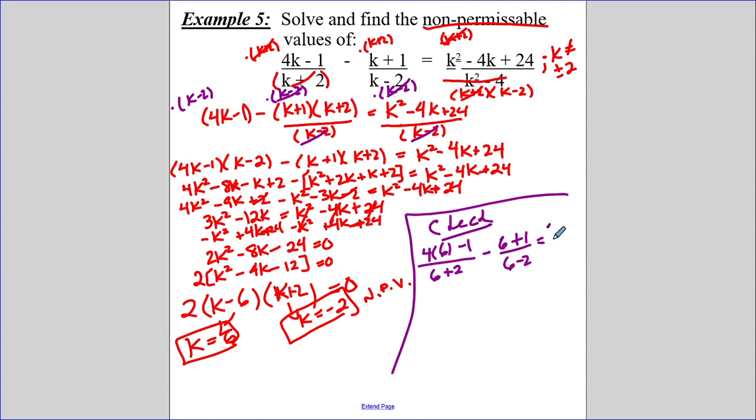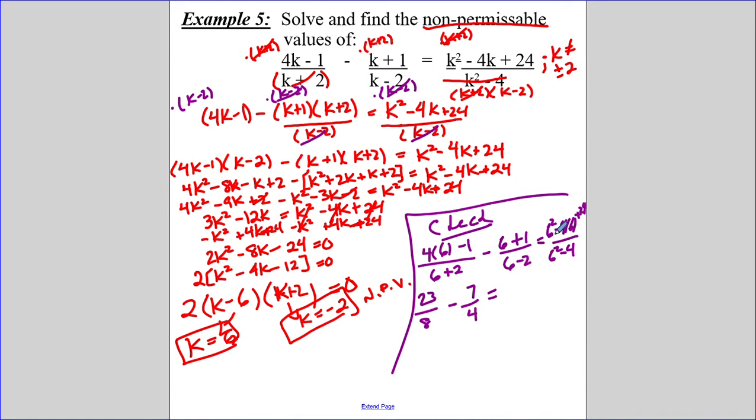I've got 6 squared minus 4 times 6 plus 24, all over 6 squared minus 4. So let's start to simplify this. 4 times 6 is 24. 24 minus 1 is 23. 6 plus 2 is 8. Minus 6 plus 1 is 7. 6 minus 2 is 4.